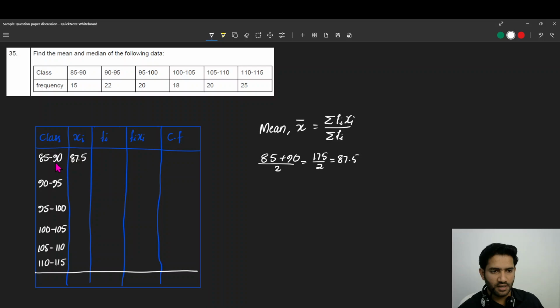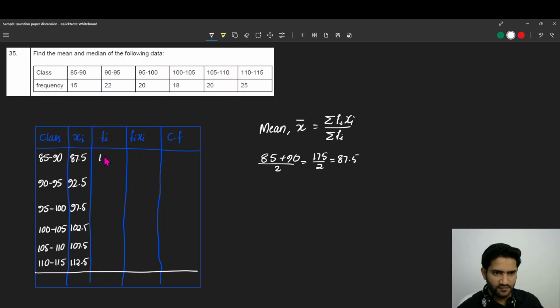Now the class length is 5. So just add 5 and you will get the next midpoint. Add 5 again, 92.5, 97.5, 102.5, 107.5, 112.5.